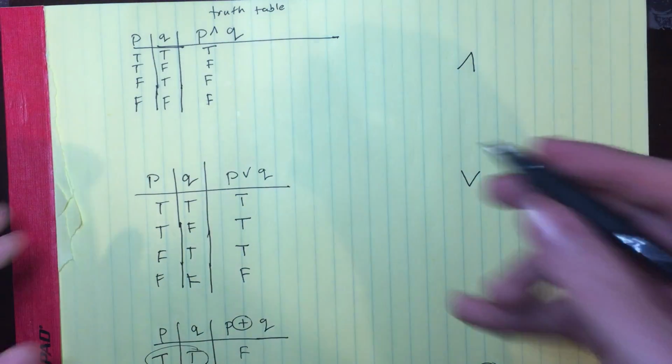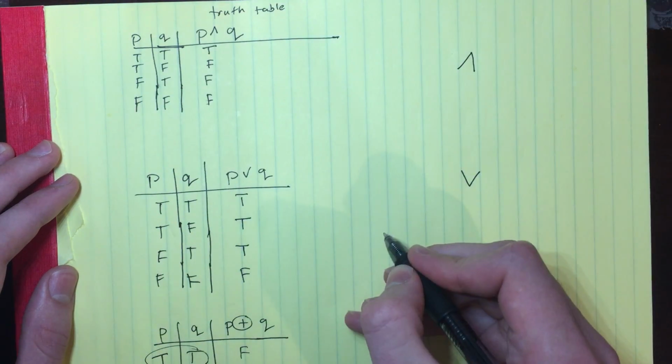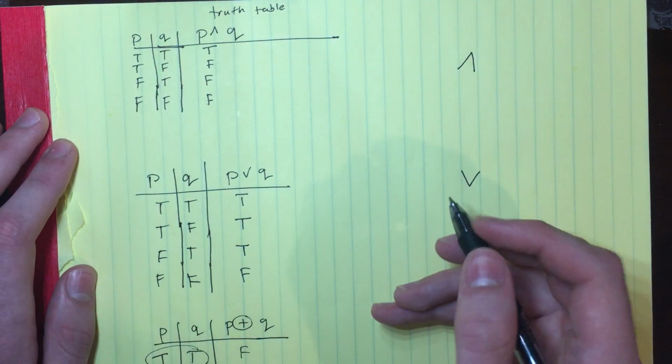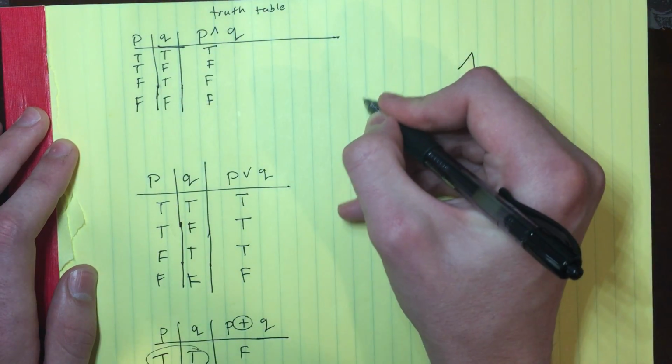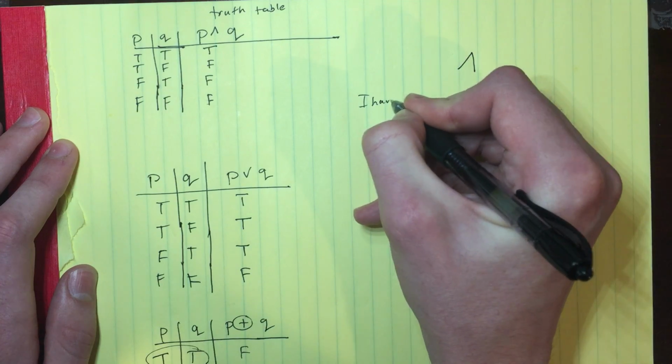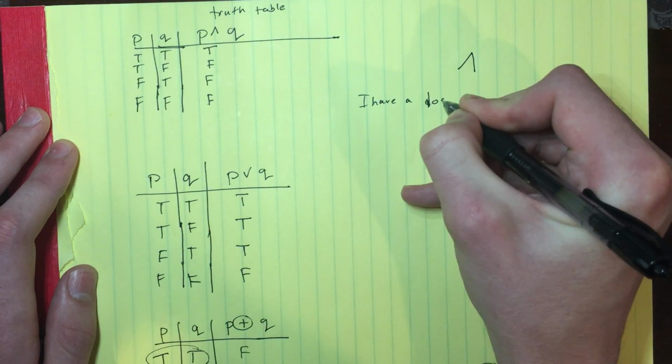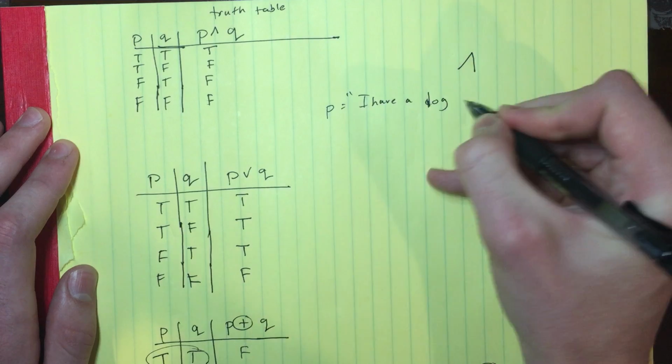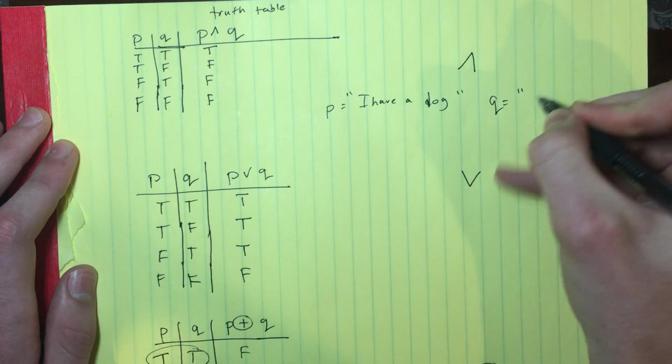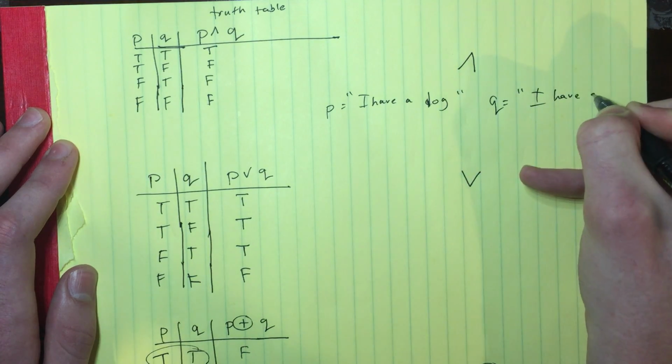So let's do an example on AND. With I have a dog is P, and Q equals I have a cat.